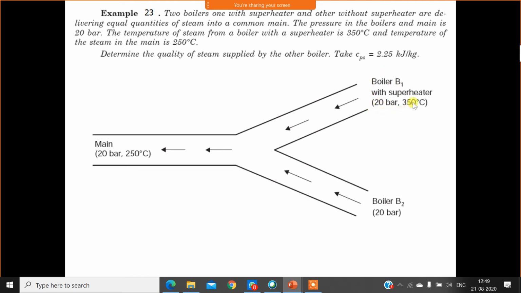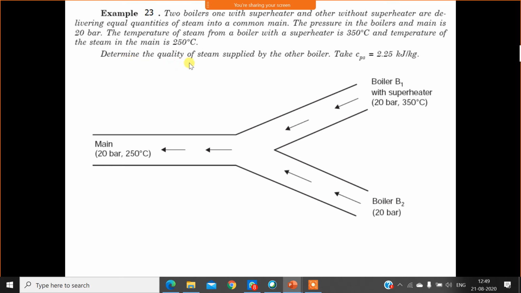The boiler B1 produces steam at 20 bar and 350 degrees Celsius, and boiler B2 produces steam at 20 bar. When the steam from the two boilers is mixed in the main, the condition of the steam becomes 20 bar and 250 degrees Celsius.